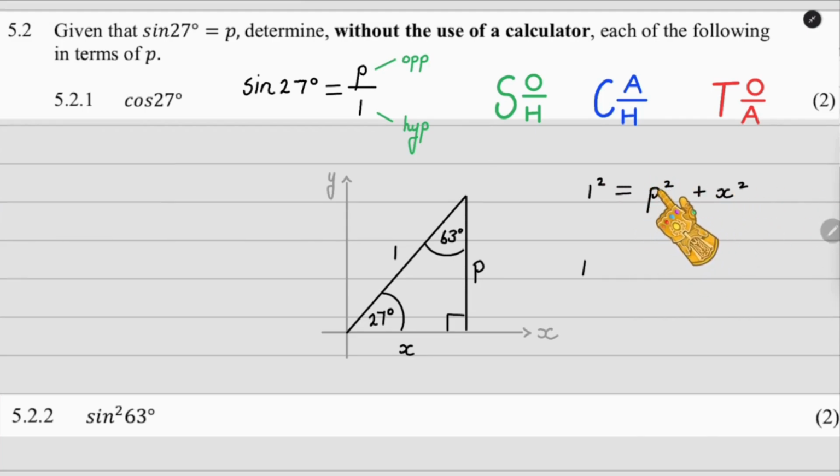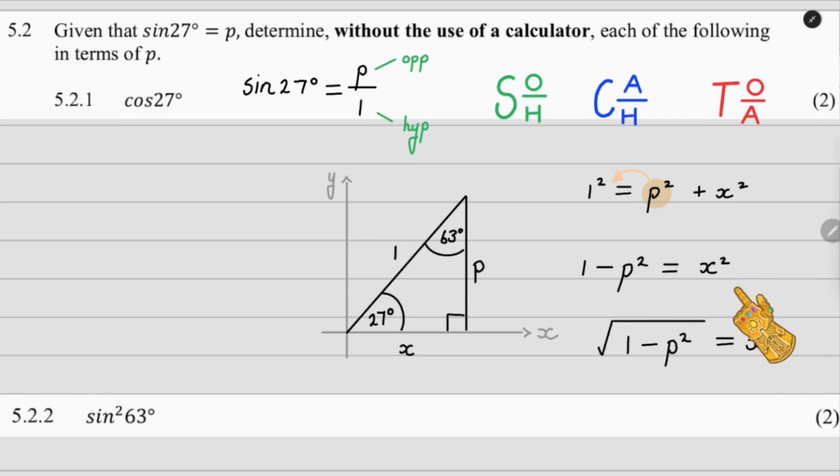I'm going to move this p squared over to that side of the equation, and it becomes minus p squared. And then I need to get rid of the square on x, so I square root both sides like so. Square root the side and you just get x. If you square root the other side, the square root just stays over this binomial. So now I've got to replace that x with this big square root.